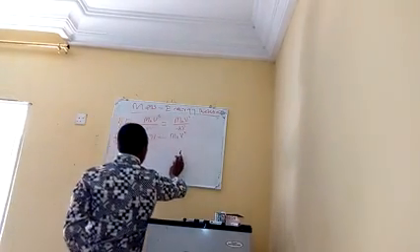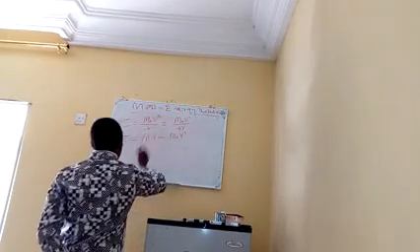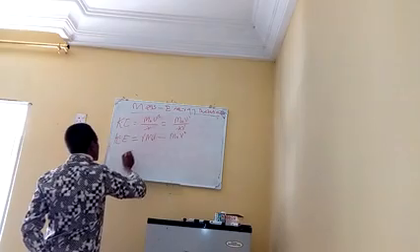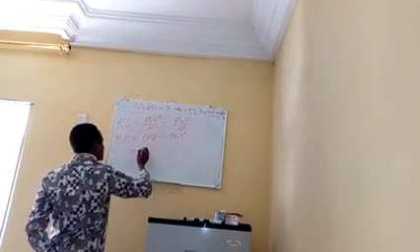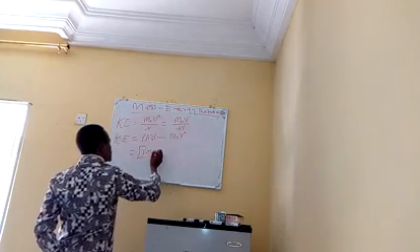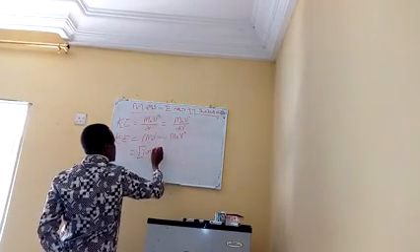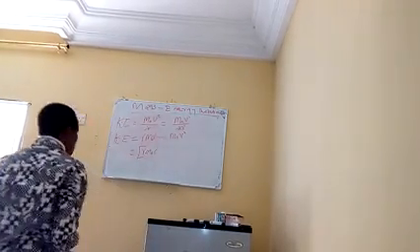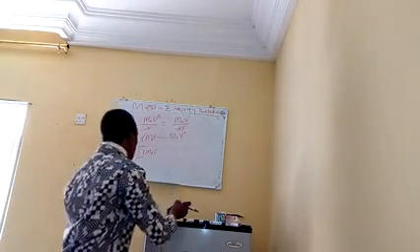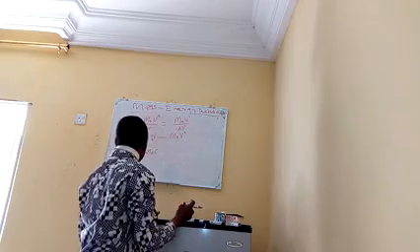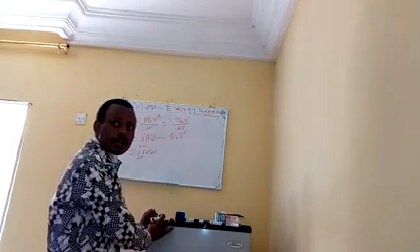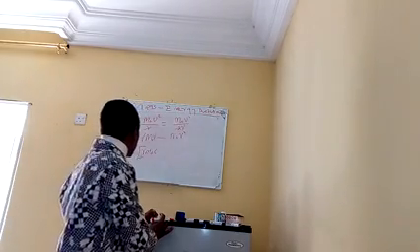In that case, our kinetic energy is equal to gamma m naught c squared, because in relativistic mechanics, which I call the physics of the very fast, we deal with speeds that approach the speed of light.